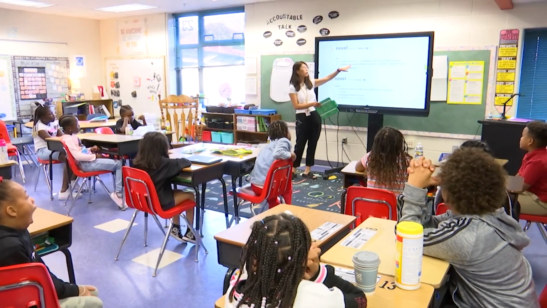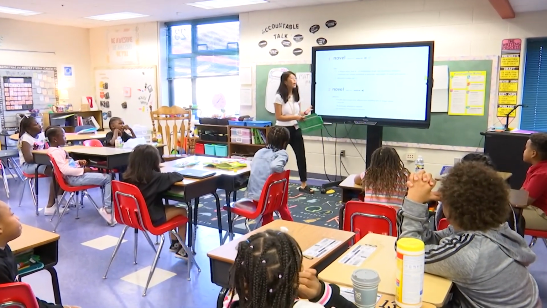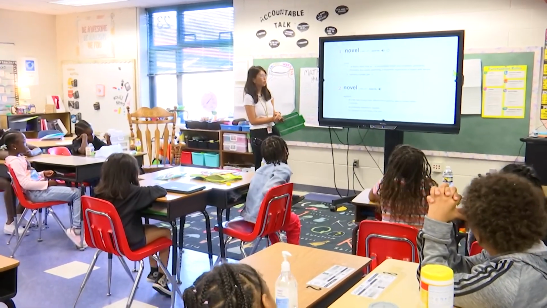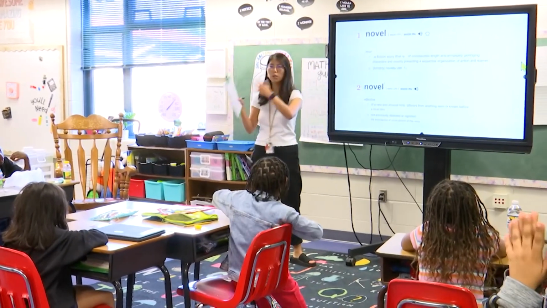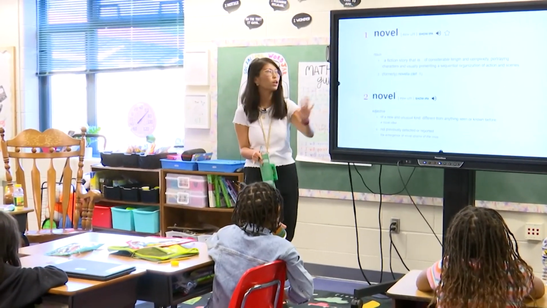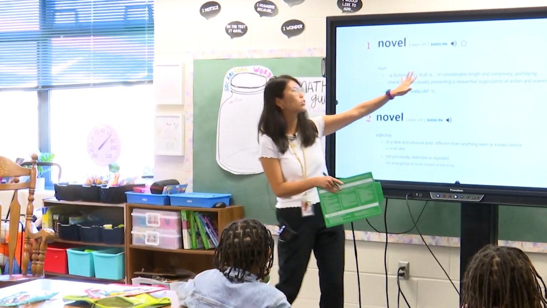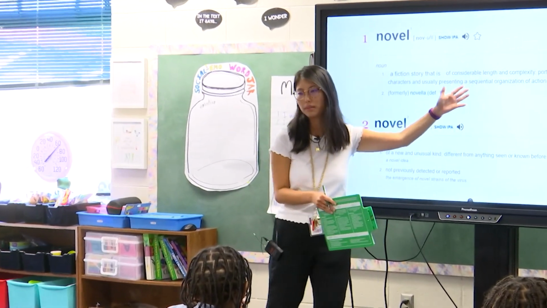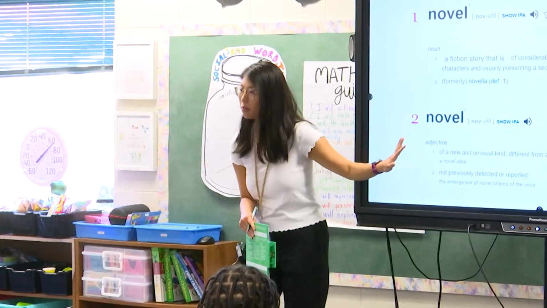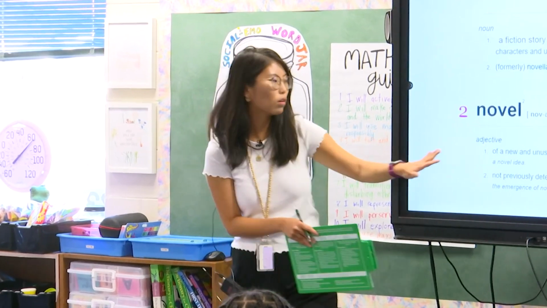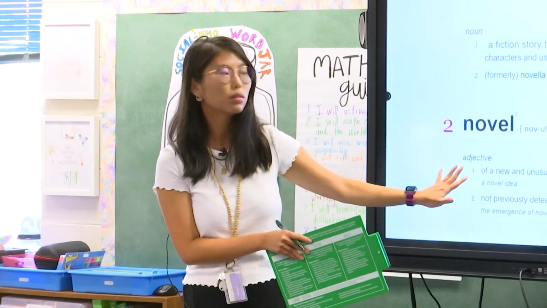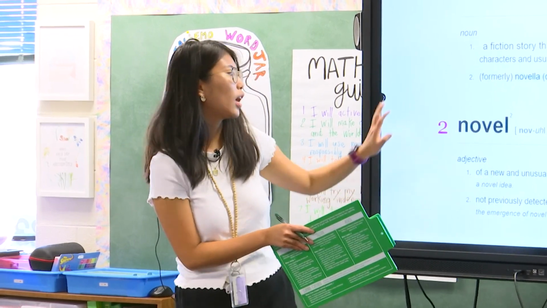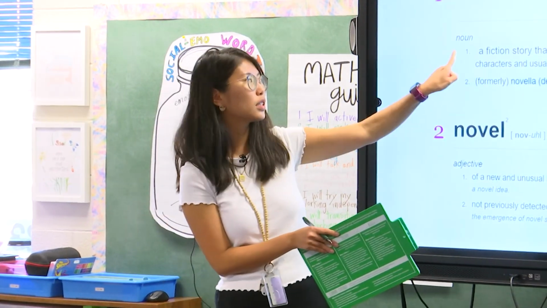A fiction story that is of considerable length and complexity, portraying characters and presenting sequential organization. Lots of words, but just focus on the beginning. A fiction story that is long. Our second meaning of novel is a new and unusual kind. So new. If you're noticing, this is an adjective and this is a noun.